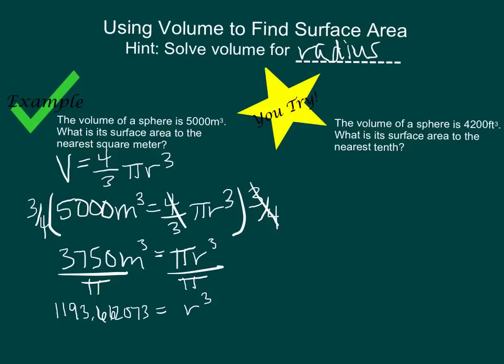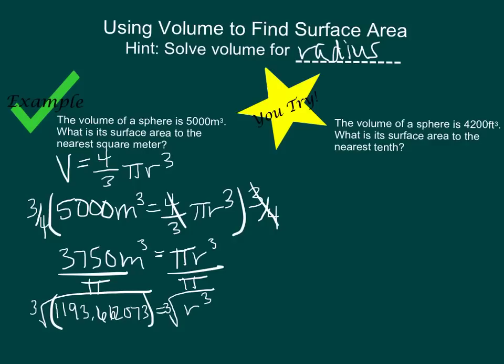All right, so now I need to take the cube root, because right now I have r cubed, and I don't want that. So I'm going to take the cube root of both sides. I'm going to put that into my calculator, and this is a little bit harder to do. What you have to do is hit the second button, and then your caret button. Right above that caret button, you see a little x radical.